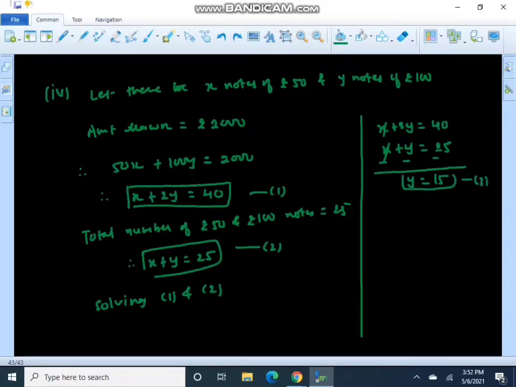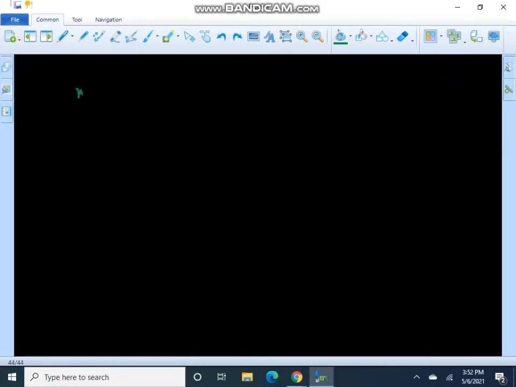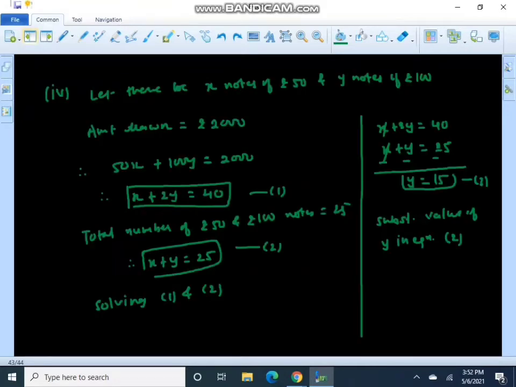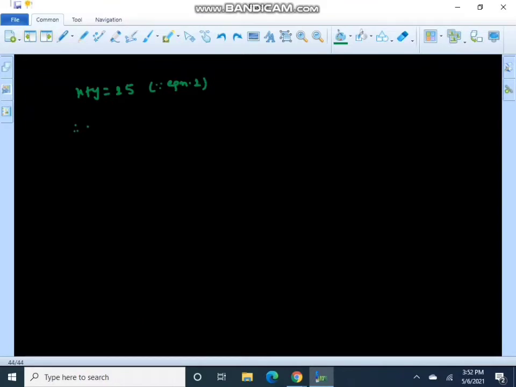Okay, now substituting value of y in equation 2. What is equation 2? That is x plus y is equal to 25. Now value of y we have got to be 15. Therefore x plus 15 is 25.